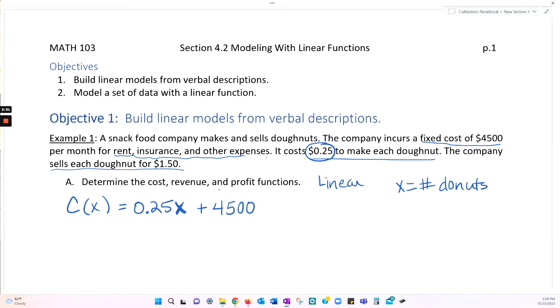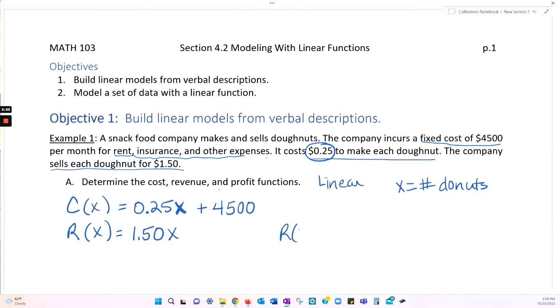Okay, so then revenue, let's call that R. This is how much you make just selling the donuts. So you're not worried about the cost, just like before you subtract off the costs, you're going to make $1.50 times how many donuts you sell. That's your revenue. So it's always going to be your price.